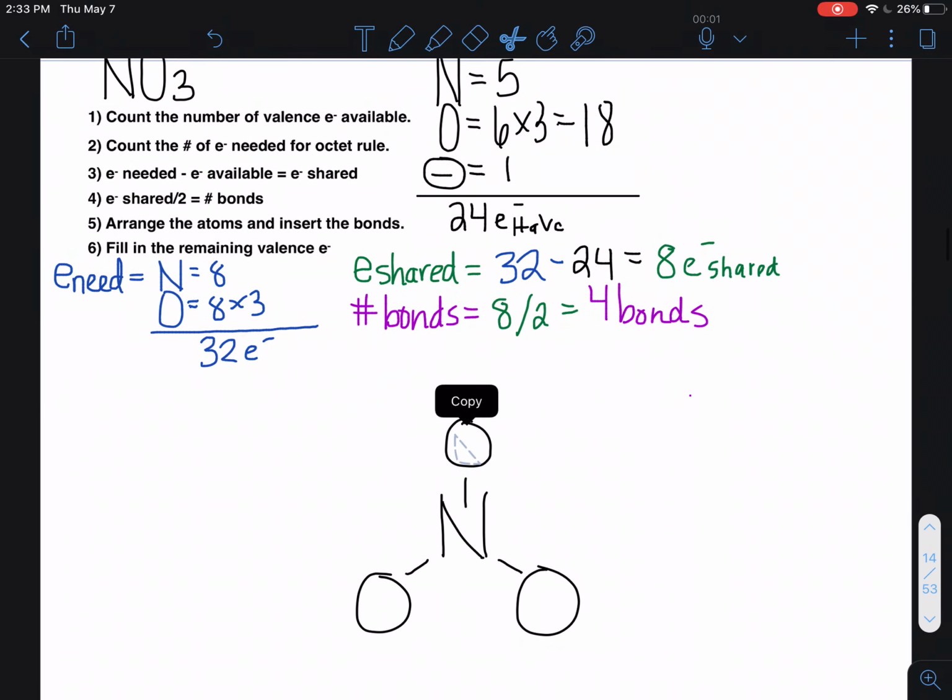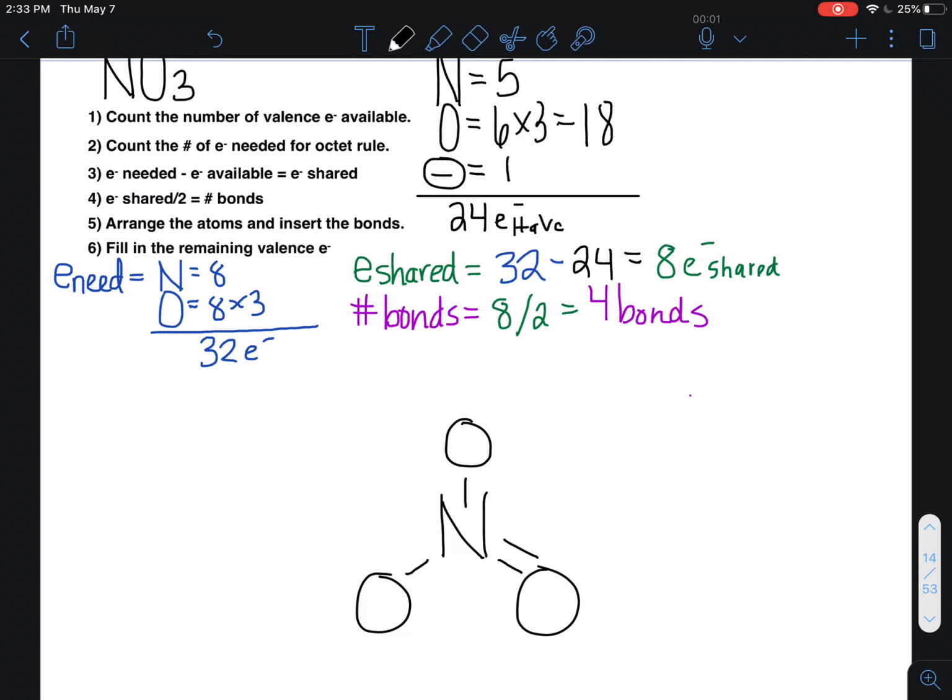Because this oxygen isn't any different from this oxygen, which isn't any different from this oxygen. Where I put the last bond doesn't matter. One student might put it here, the other student might put it here, or the other student might put it here. That does not matter because all of these oxygens are originally equivalent.